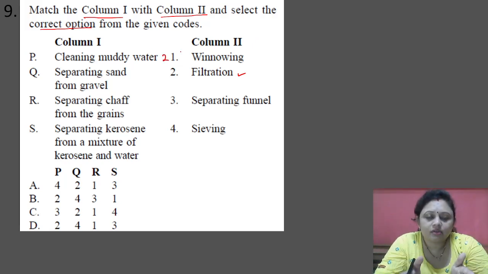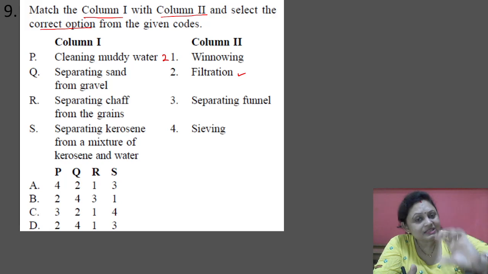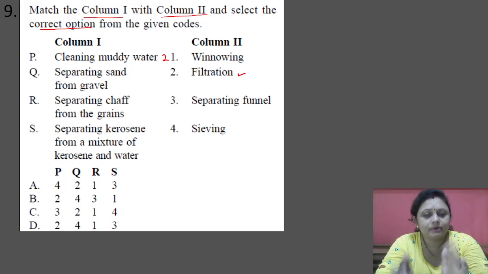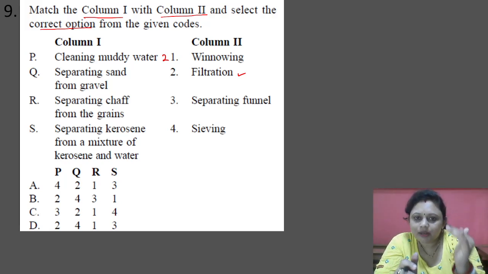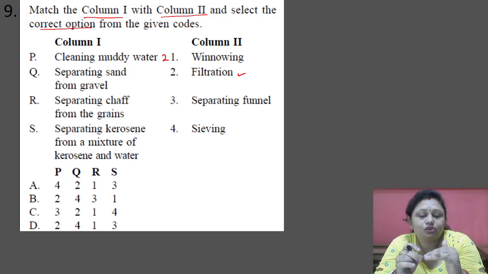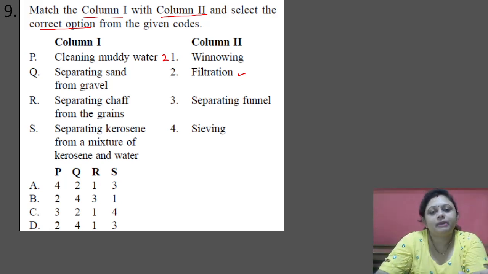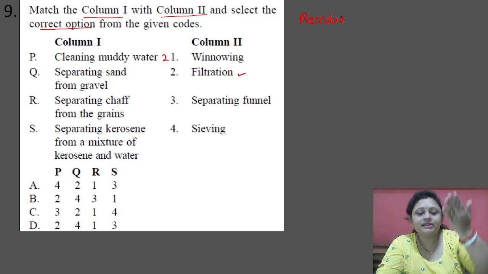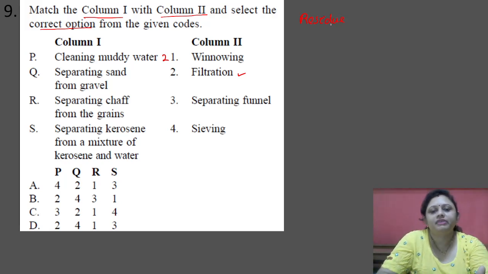You will take a filter paper, and when you pass the muddy water through that filter paper, the mud will remain on the filter paper. That mud which remains on the filter paper we call the residue, and the clear water which passes through the filter paper we call the filtrate.